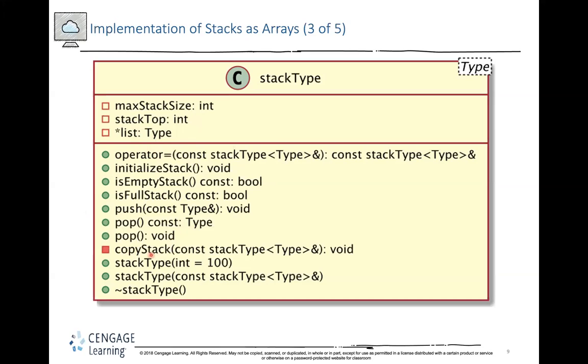And then we may use a private function that does the copy, because this will be used for both the assignment operator as well as the constructor where we initialize a StackType with another one. And then we may have a destructor.